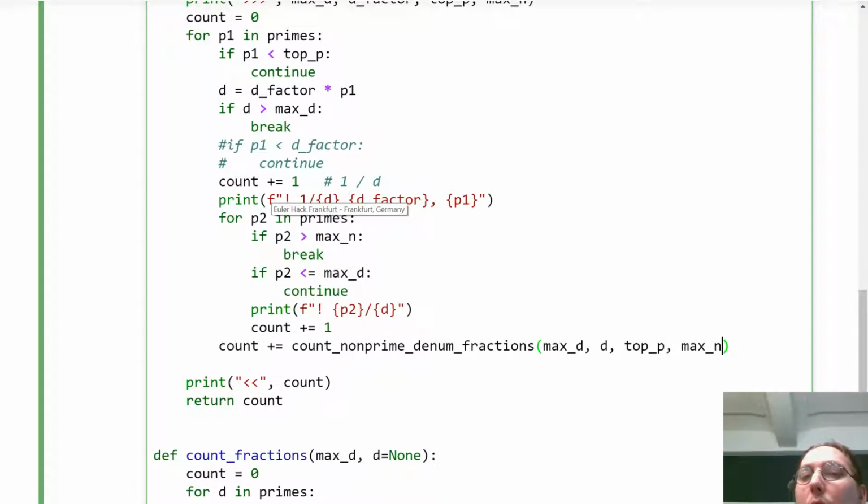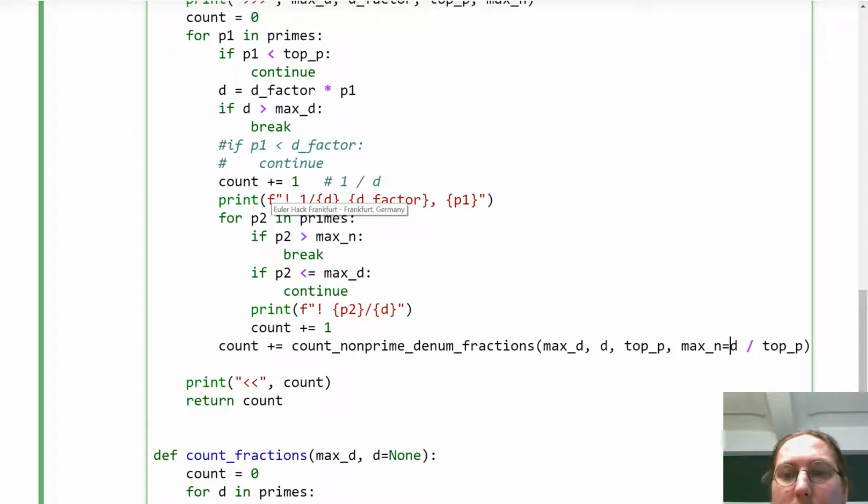If you have found a factor 3, you need to divide by 3. I'm going to do d over top p, and that should always be an integer because top p is a factor of d.